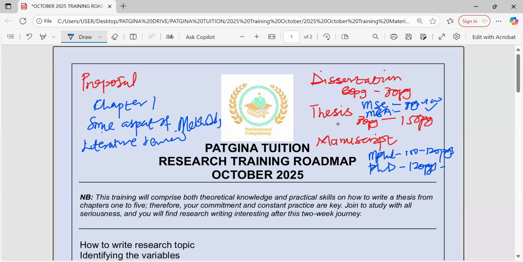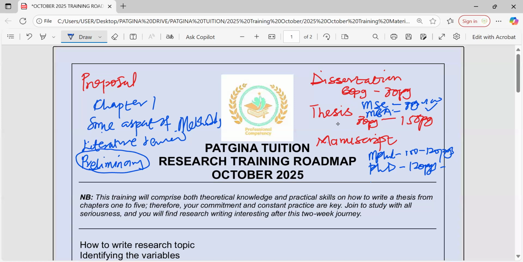And even for that one, if the school format wants you to write literature review, we mostly write a summary, which is called preliminary literature review. A summary of your literature review will be there. At times, they will tell you to bring the conceptual framework.